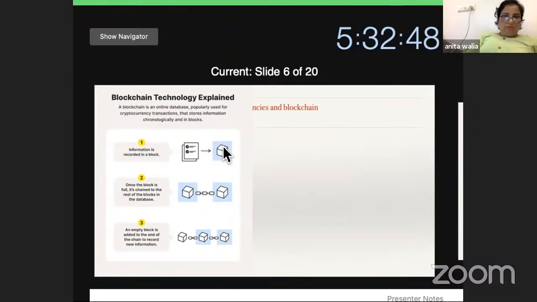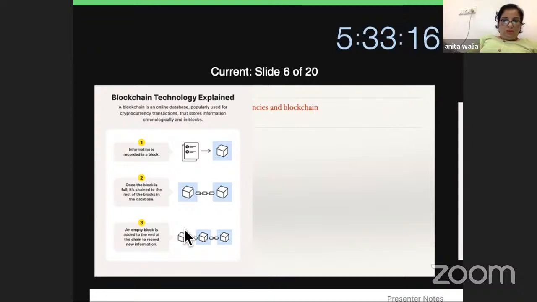Once this entire block is full with all kinds of digital information, the block will create a new block and chain it. This block, when full, is linked and locked to the rest of the full blocks in the database. So every block, when it is full, will create a new block and chain it with the previous block, and the previous blocks will be fully linked in chronological order, and also locked.